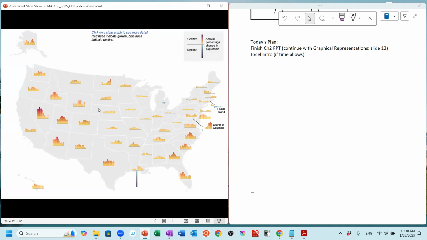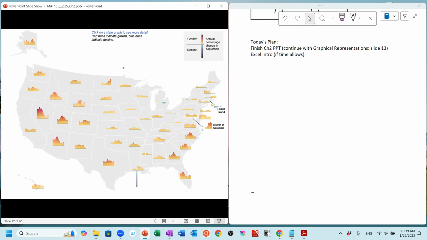All right. Here's another kind of nice example. I thought this was a really good example of using a bar chart like graph, or a histogram like graph. So here we have the 50 US states plus DC. And we look at the top right here, and there's a legend that says annual percentage change in population growth. The higher the growth, the more red the bar is, or for a decline, the darker blue means the greater decline.